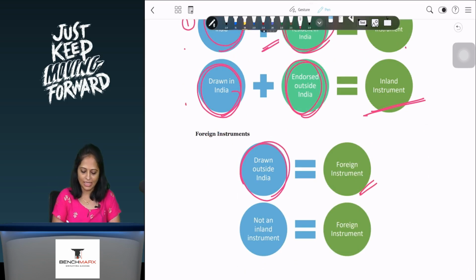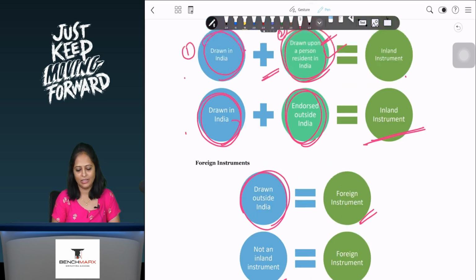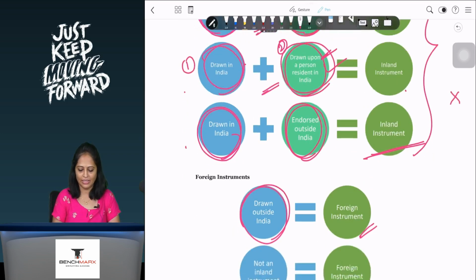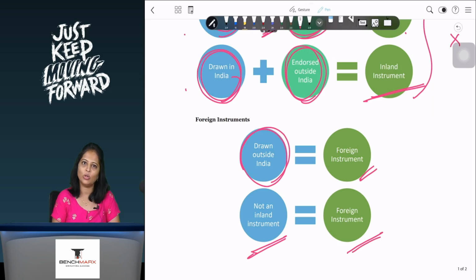Second, if it is not an inland instrument, so I check these three conditions, and if they are not satisfied, then it will be called a foreign instrument. So we just have to remember what an inland instrument is. It is drawn in India, so the drawer is in India.